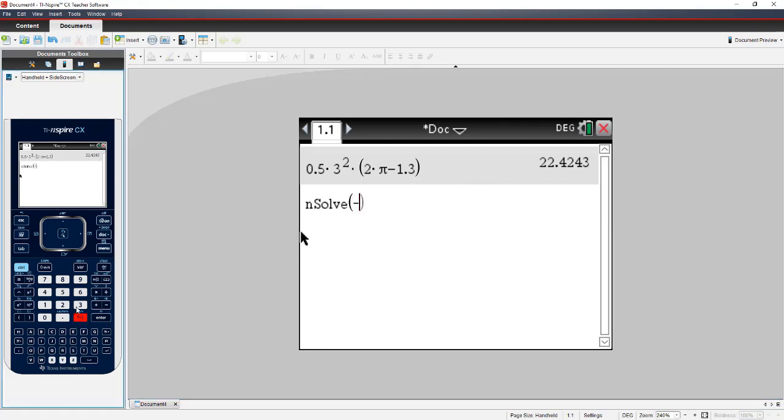This will be -3 minus natural log of d squared equals, control divide, 2 over d times 1 minus d.